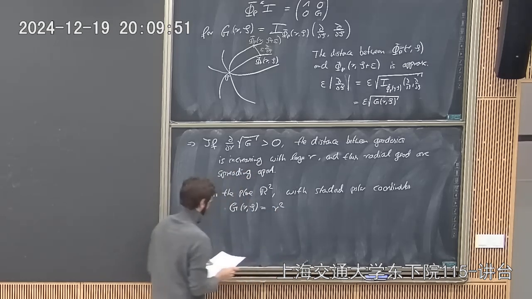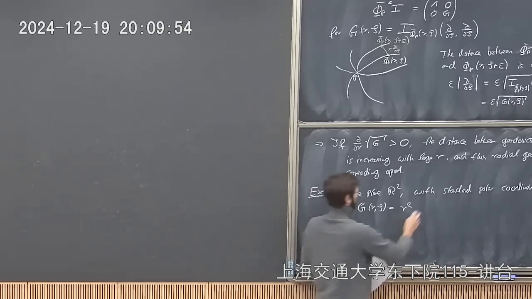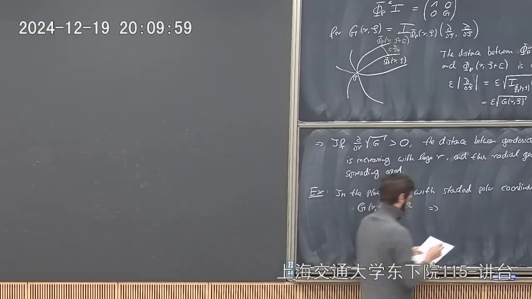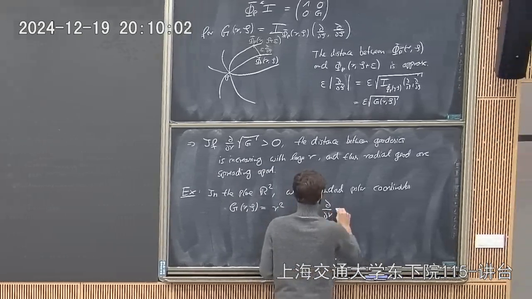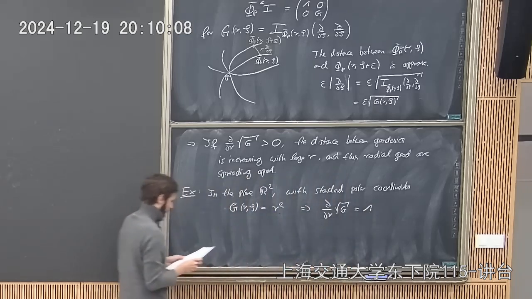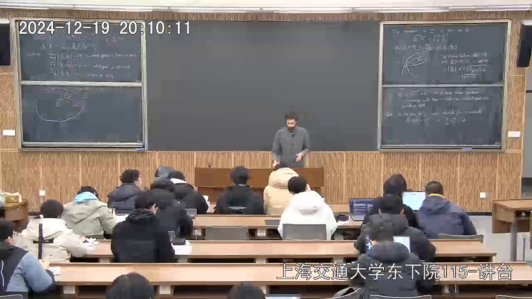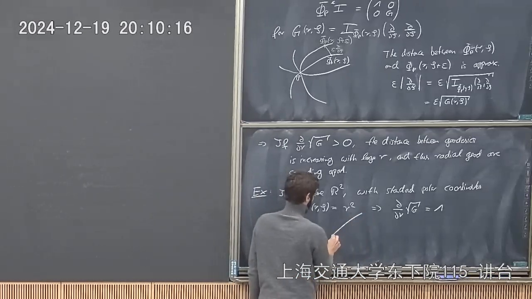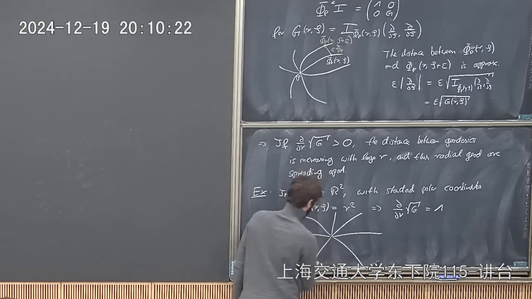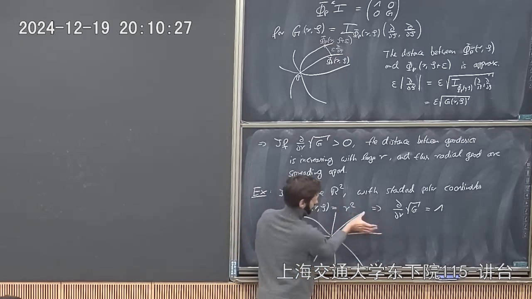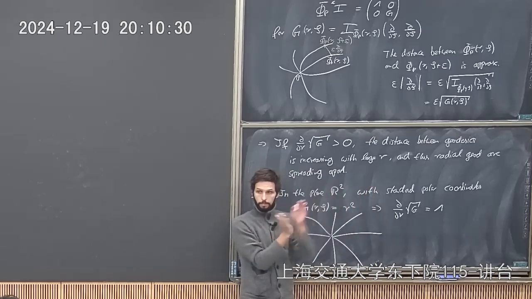So if you take the square root of that, it scales as r. So that means d/dr of the square root of g is 1. So they're spreading quite quickly, and that's really this picture that you know, that if you go out for large r's, the geodesics are spreading apart from each other.